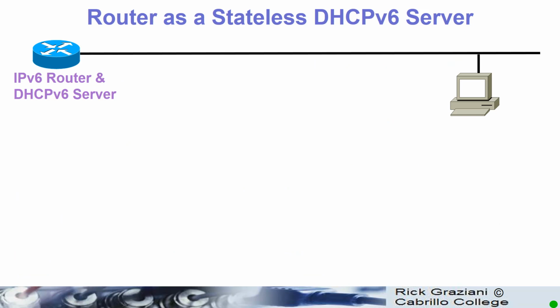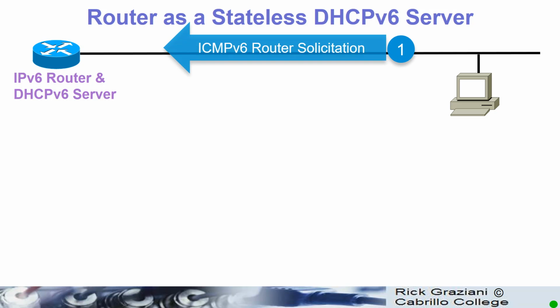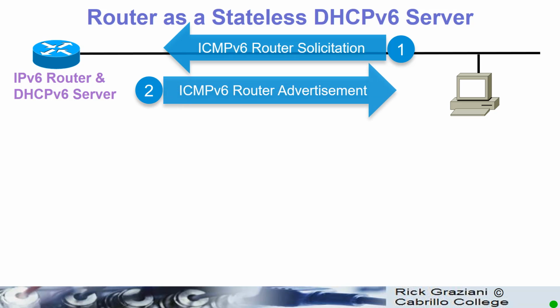So router as a stateless DHCP server. The ICMP will come from a client. An ICMP router advertisement will go back to the client with, again, the other config flag set to 1 and the managed flag set to 0. That's going to force it to use option 2.